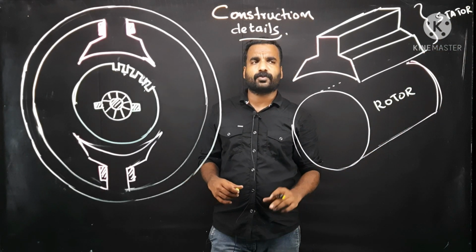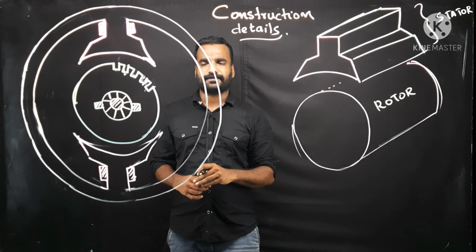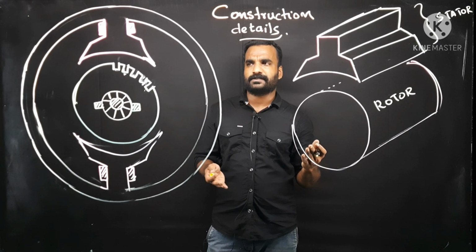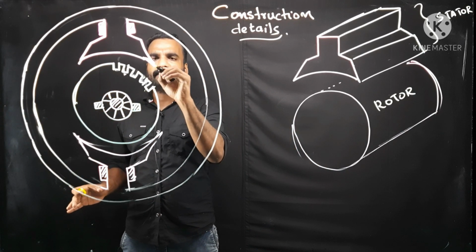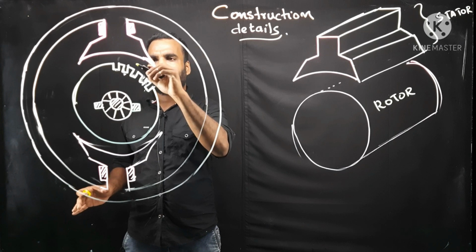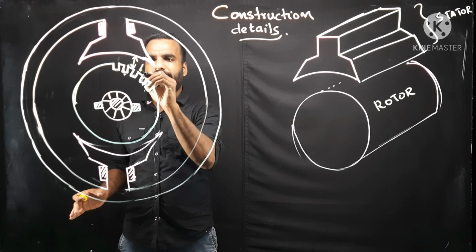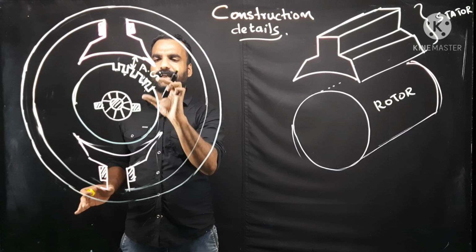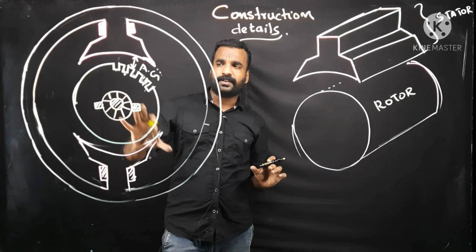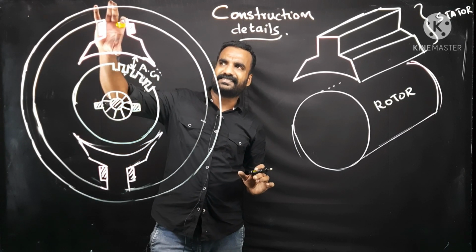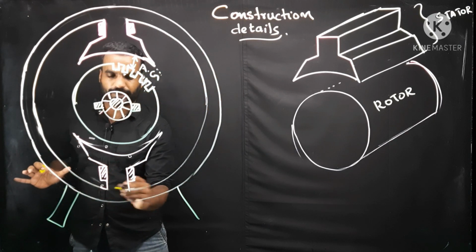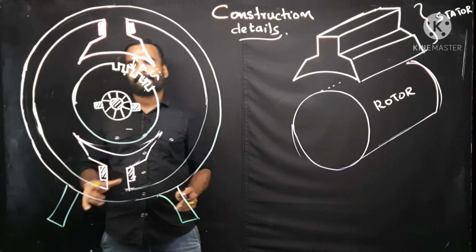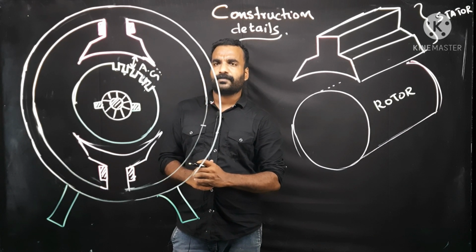First we are looking into the stator parts, then we will look into the rotor parts. Up to this is stationary, and this is the air gap. After the air gap the things are rotating. So this is the rotor and this is the stator. This is the frame of the machine.